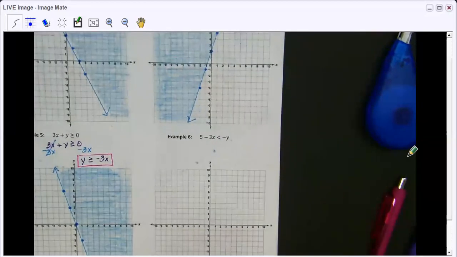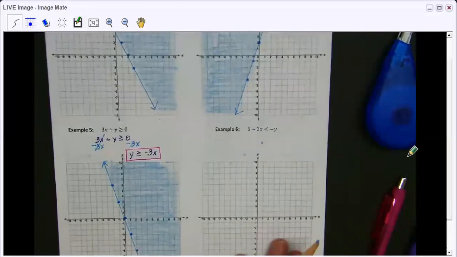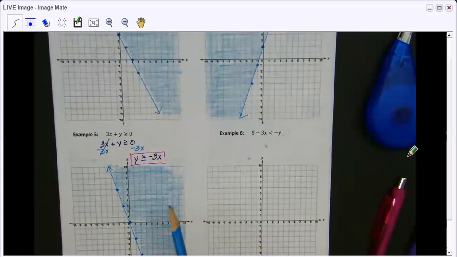Okay. All right. So let me check, make sure. So anytime you do something like that, just put an arrow and put this. Oh, okay, you did. All right. Okay, everyone's ready to move on to 6.